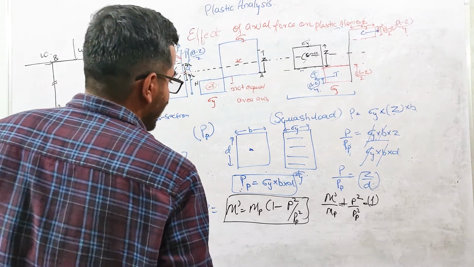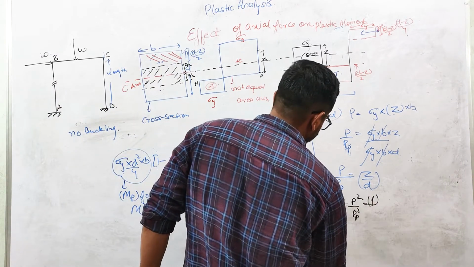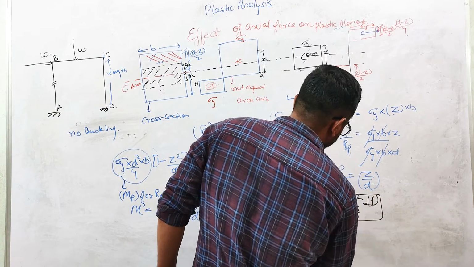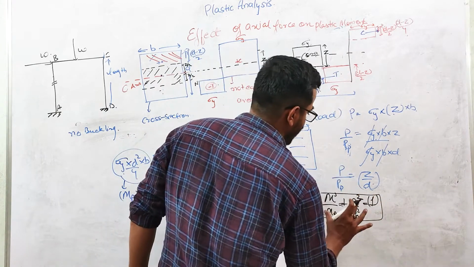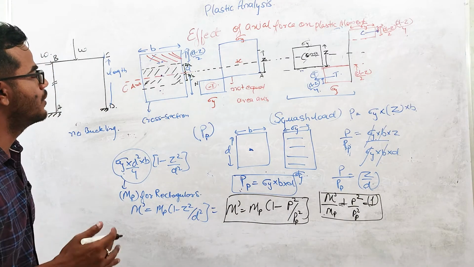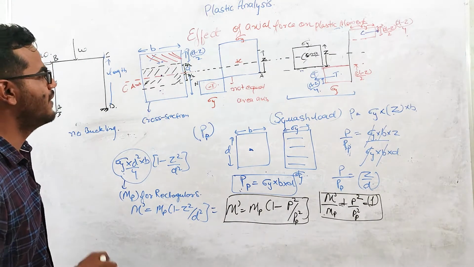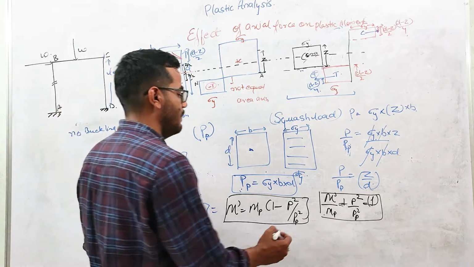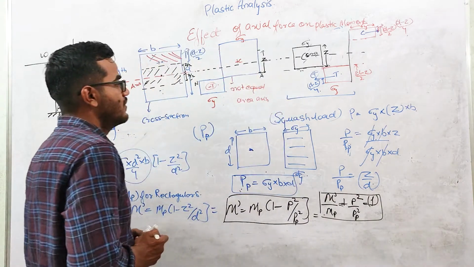So this is the final equation between this moment capacity and this axial force. Here we have taken the compression load. You can take tensile load also. The effect will be the same, the relationship will be the same. Okay. So this is the case.